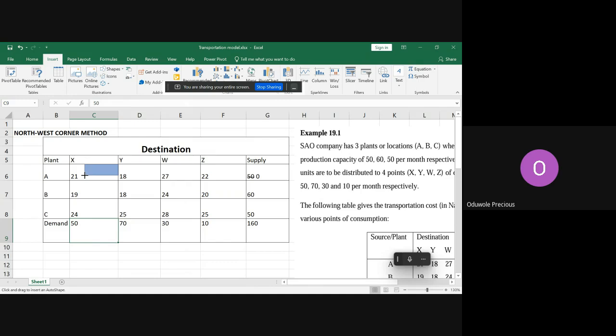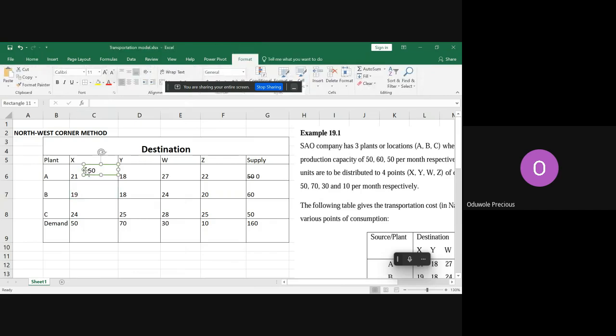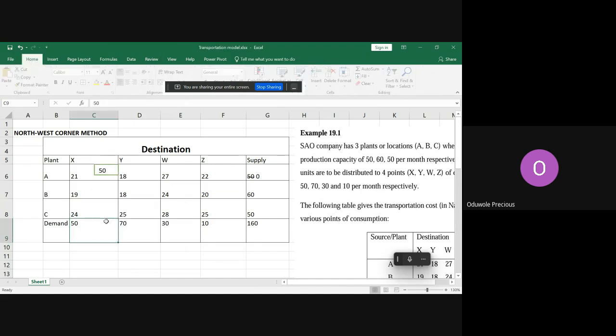You now write the 50 inside. That means you have given the 50 to this cell. So you now cancel the demand too, since you have met the demand. Let me first write 0.